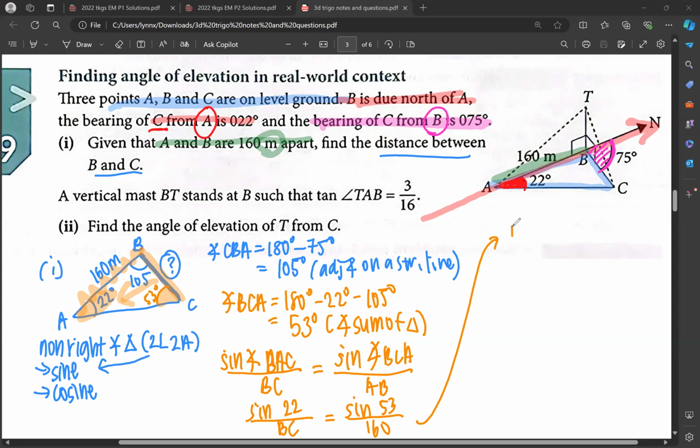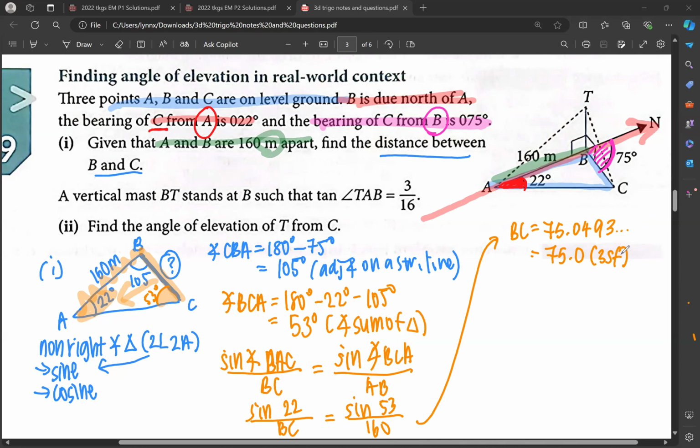Solving just means basic algebra, I'll not go into that. So with that, can someone help me find out what's the answer for BC? Because I only have the final answer. It should be 70 something. 75.049 yada yada. So when we round off, we get 75.0, 3 SF.